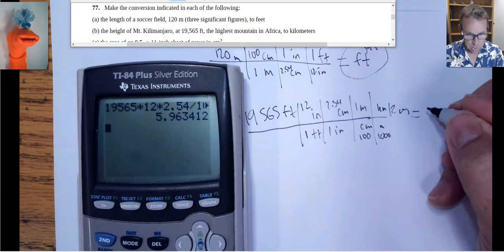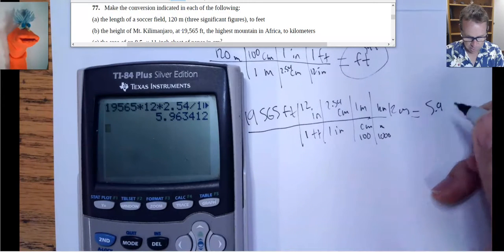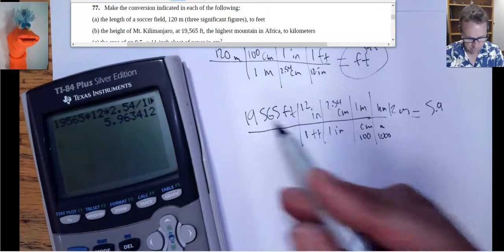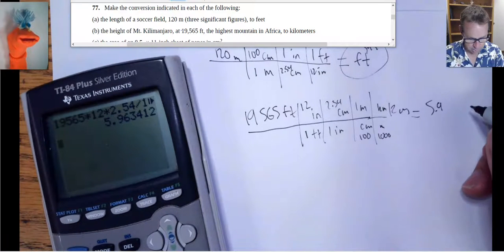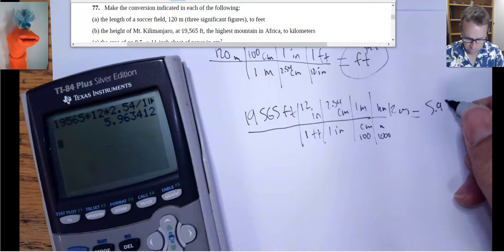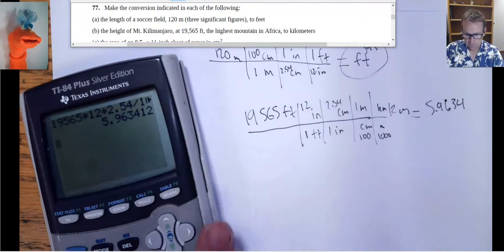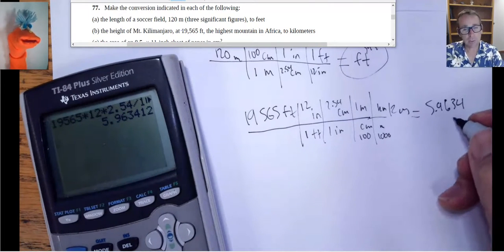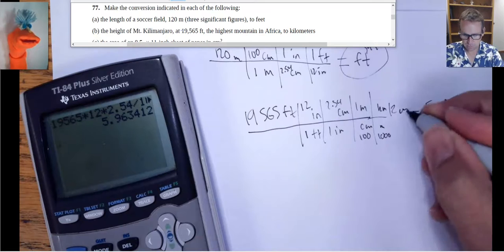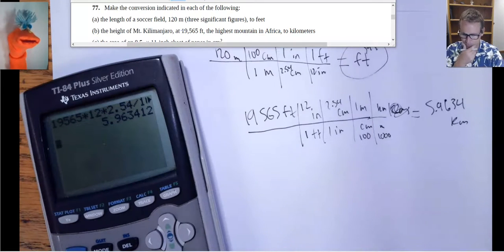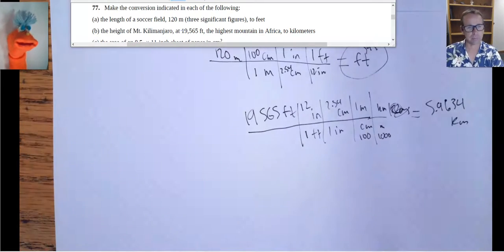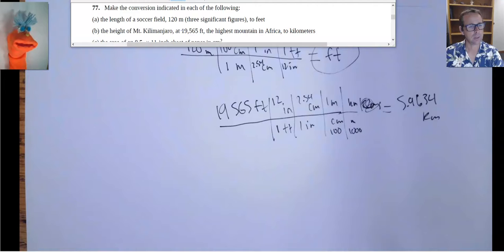So I get 5.96, and I have 5 significant digits, so 5.9634. And kilometers, is that what I was after? Yeah. Okay, good. That's the highest mountain in Africa.